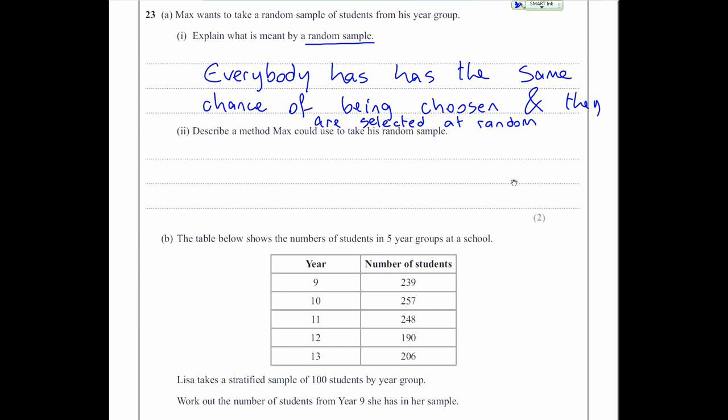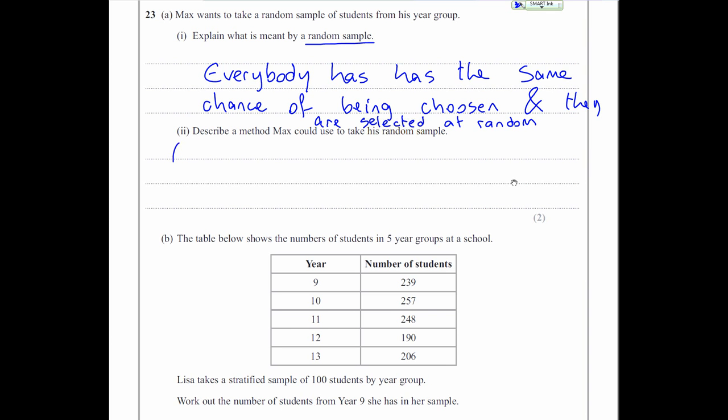Describe a method Max could use to take his random sample. Well, just think of real life. How could you do things randomly so that they've all got the same chance? Well, you could put names in a hat, or you could do a slightly nicer way, which might involve a lot of writing and ripping up paper.